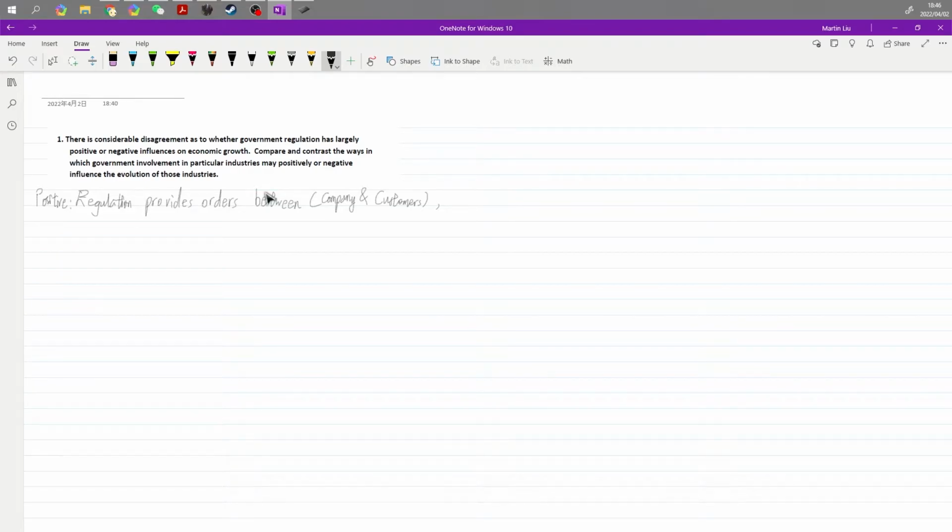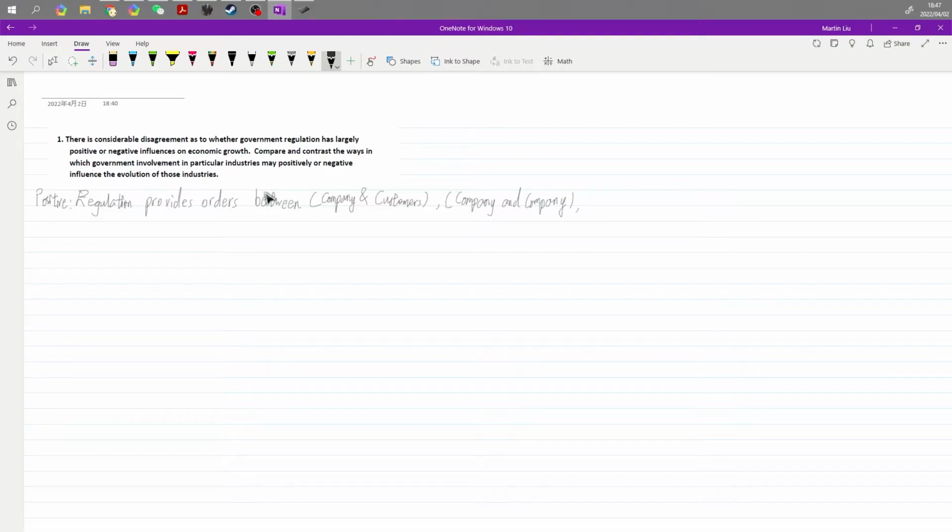That's one of the aspects, and the other one could be between companies, among companies, let's say. So first between company and customers, and between company and company.